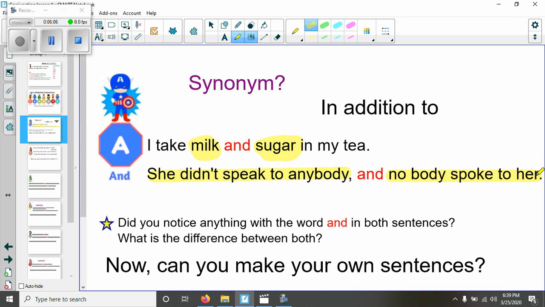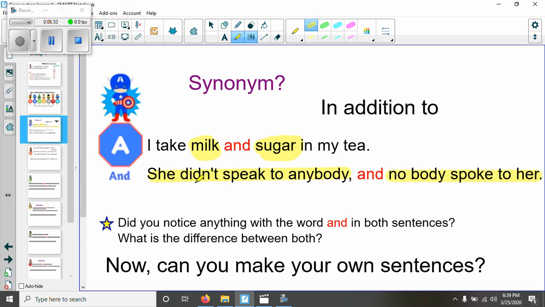Take your time. I know that you're brilliant and you will get it just like that. Okay, the first and in here, it doesn't have a comma, but the second one, it has a comma. So why, Miss Hoda? Why do we have a comma in the second one, but not the first one? Because the first one, we are just connecting two words together, like milk and sugar.